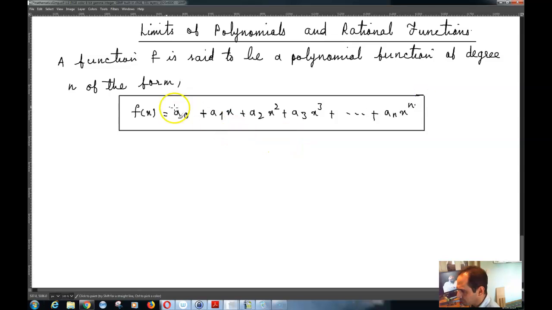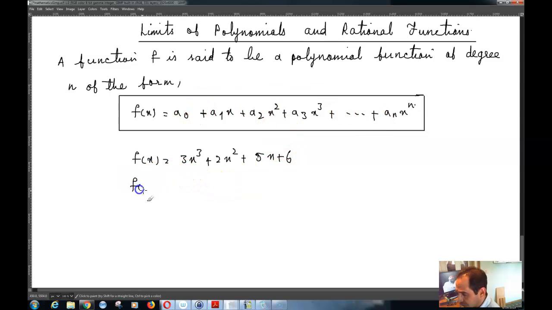For example, you can write f of x is equal to, for example, 3x cubed plus 2x squared plus 5x plus 6. That is a polynomial function of degree 3. Of course, now I've written it the other way around.